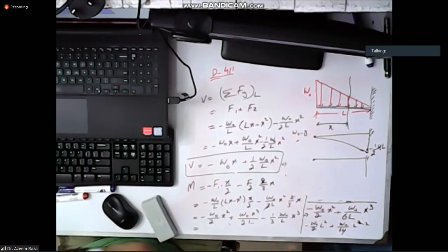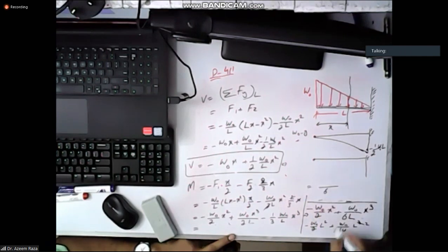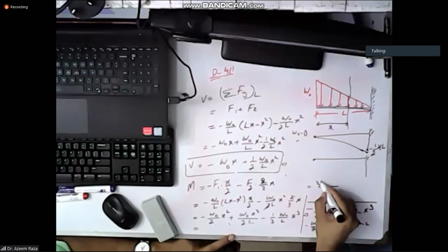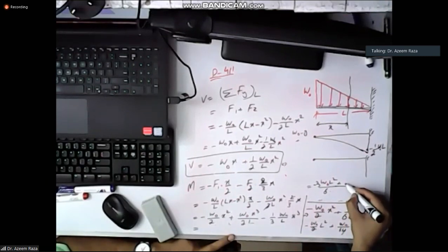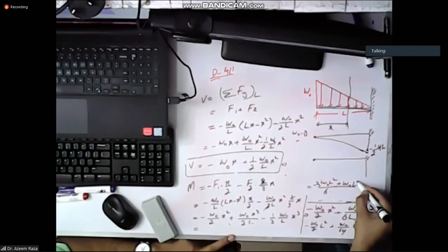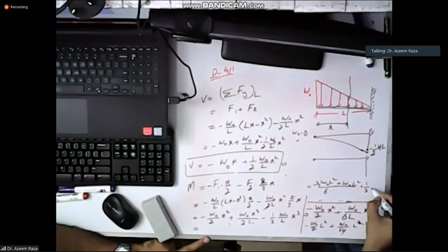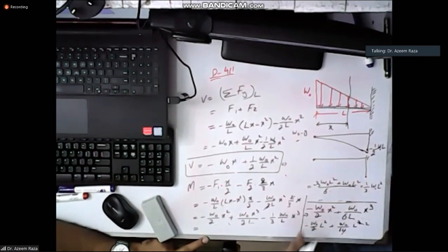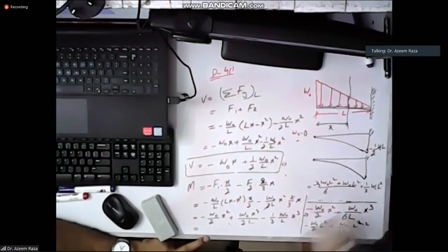How much is that? LCM would again be 6. And this will become 3 W naught L square minus 1 W naught L square. So it's 2 over 3, that's 1 over 3 W naught L square. So this is the value, and this is the third degree curve. Look at the highest power of x, third degree curve. So I just draw a little more steeper with this value.